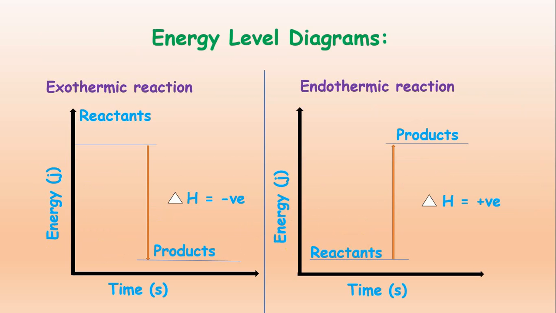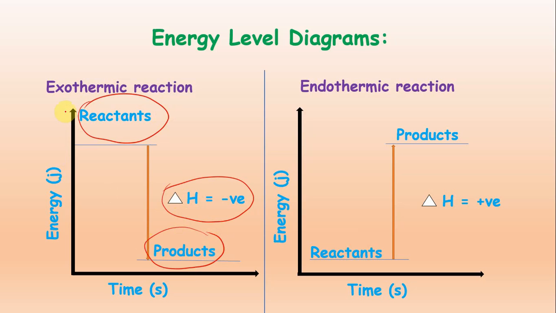Now the next topic is energy level diagrams. In energy level diagrams of endo or exothermic reactions, you have to draw three very important points. Number one, you have to mention the reactants, you have to mention the products, and then you have to mention the delta H also. This is the energy level diagram.